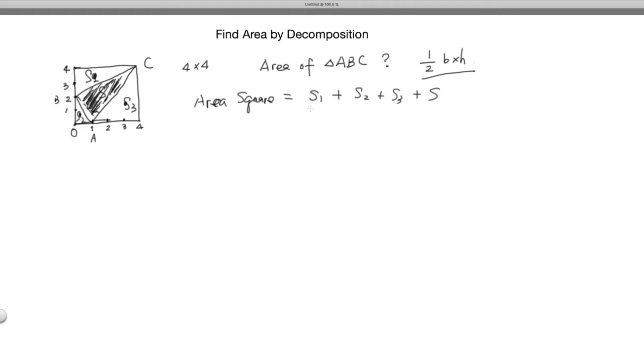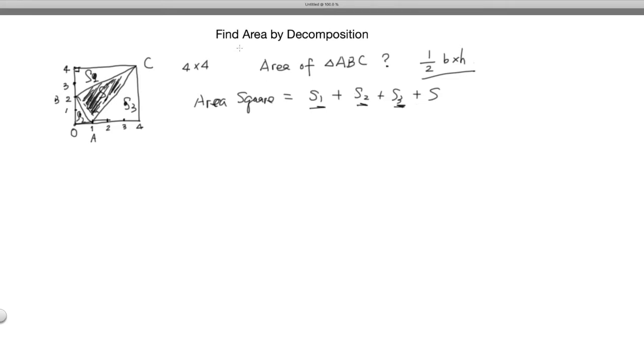Now look at S1. This is a right angle triangle, so its area can be easily calculated. Similarly for S2 and for S3. So after you calculate S1, S2, S3, by subtracting those from the area of the square, you get S, correct?